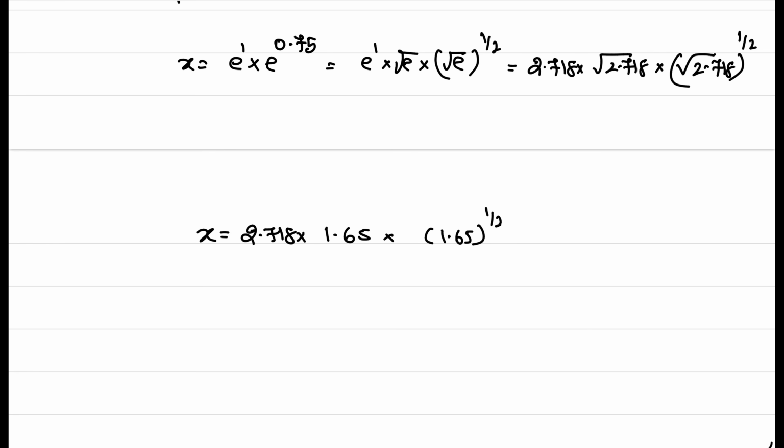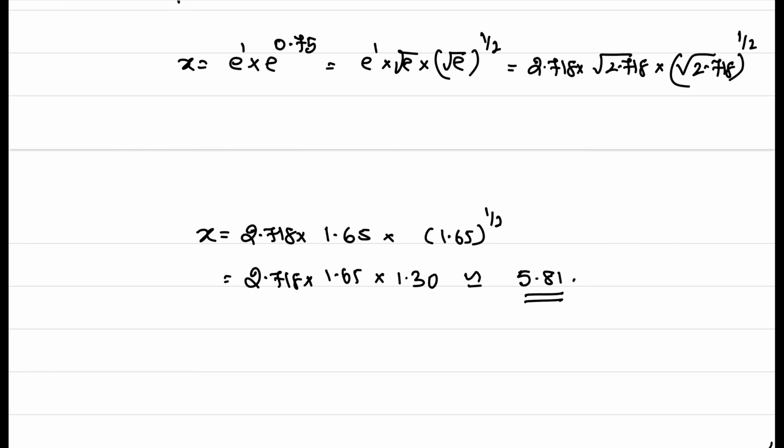Square root of 1.65 will be how much? 1.2 into 1.2 is 1.44. 1.3 into 1.3 is 1.69. Let us say 1.3 approximately. Then 2.718 into 1.65 into 1.3 is a direct multiplication. It is approximately equal to 5.81.